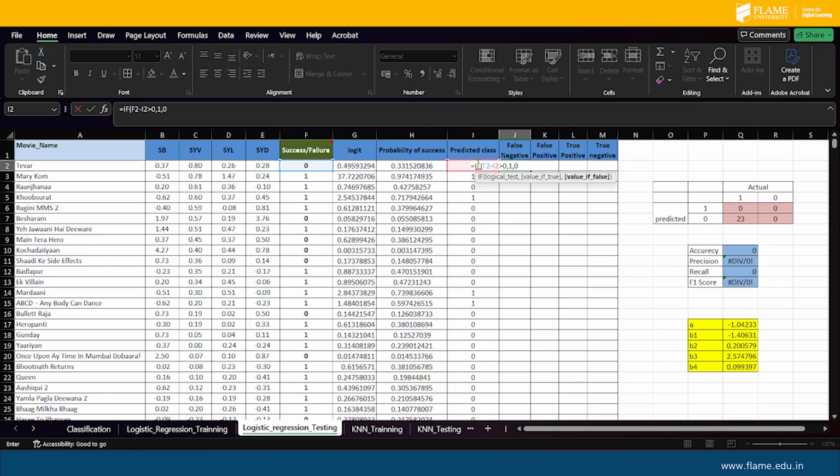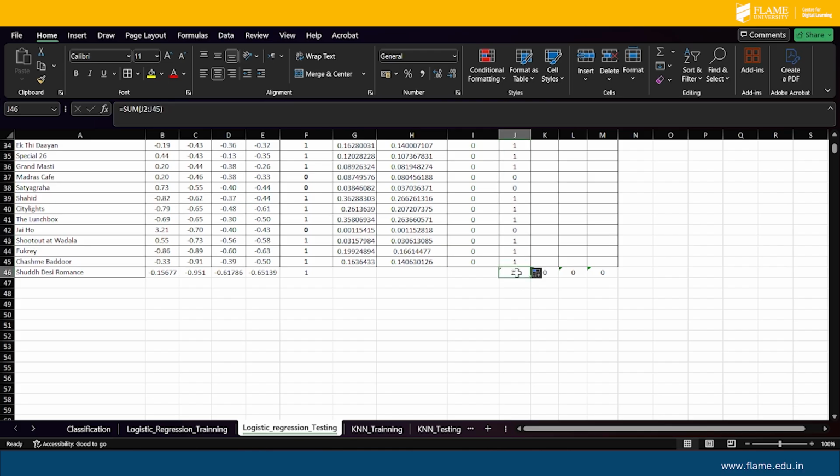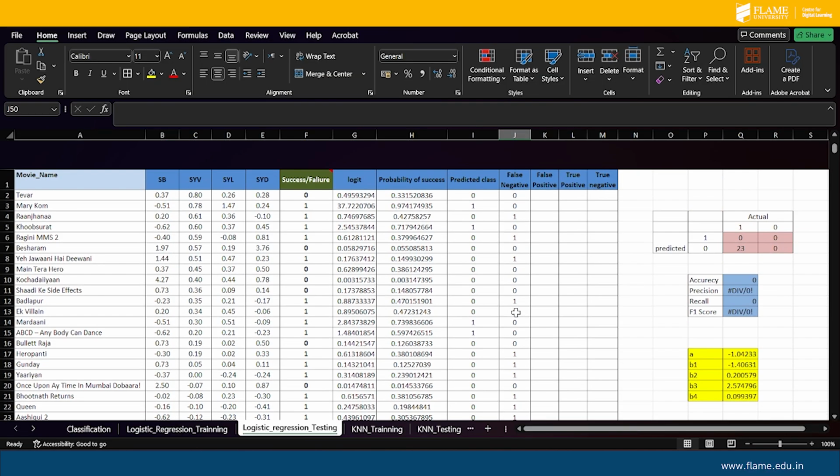So it will detect all the cases where 1 is falsely predicted as 0. And if you just take the sum of this, so here I have already added a sum function, it will identify how many times you have falsely predicted that particular score.